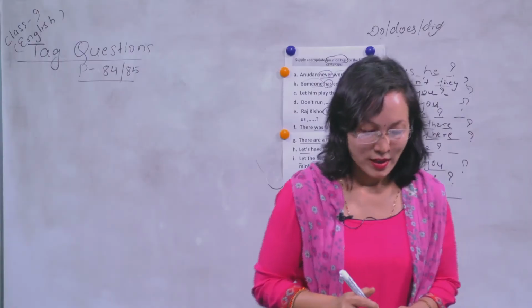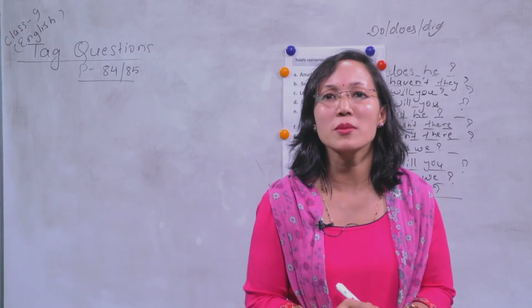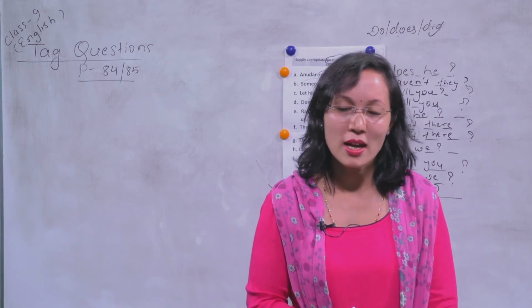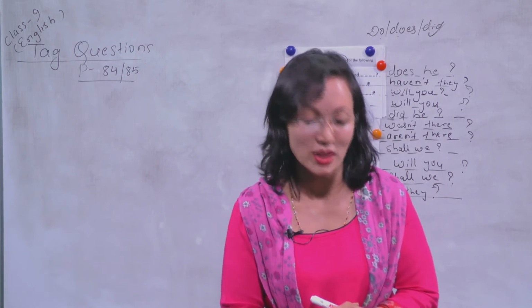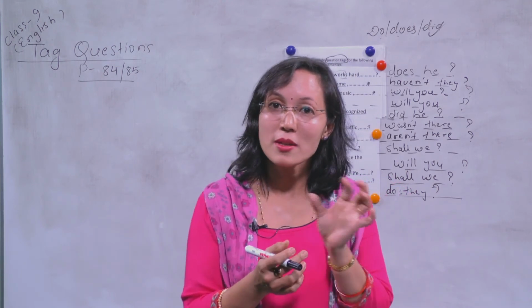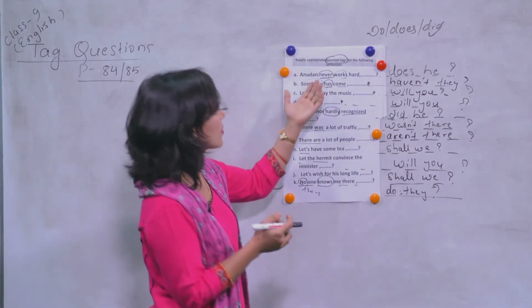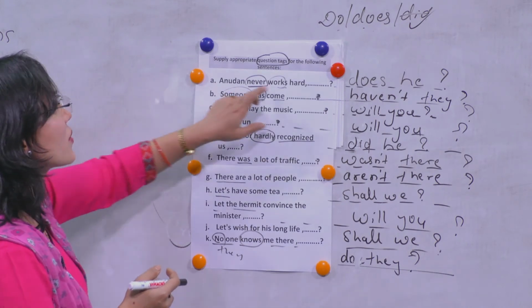Okay, now last thing I would like to add. There could be some expressions like I don't think, I believe, I think, I suppose, I know, I guess. These expressions could be attached to sentences. For example, Anudan never works hard.